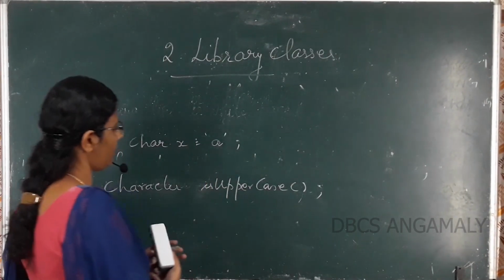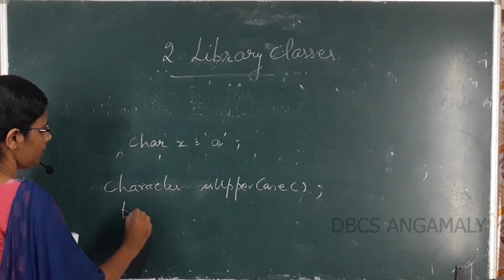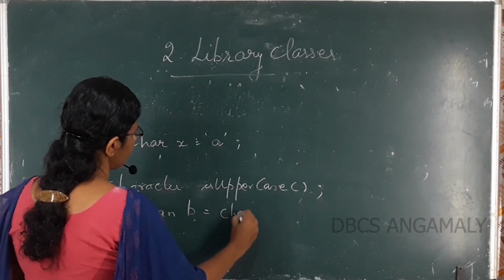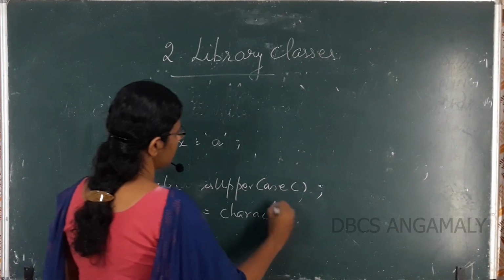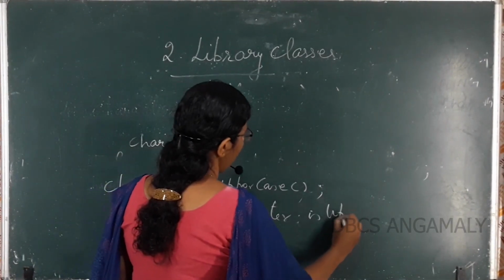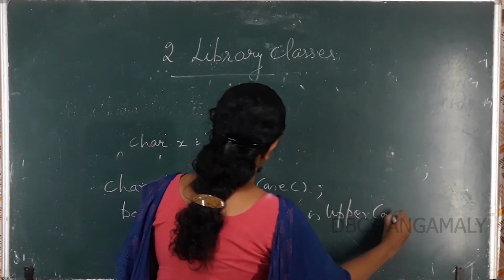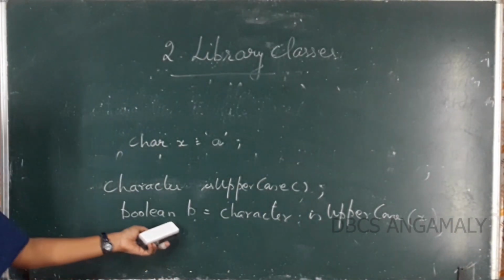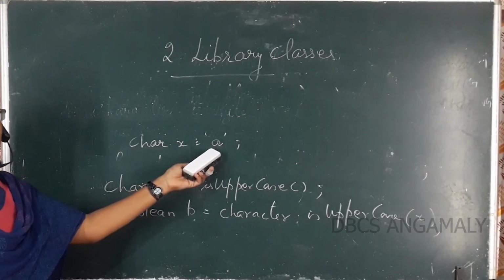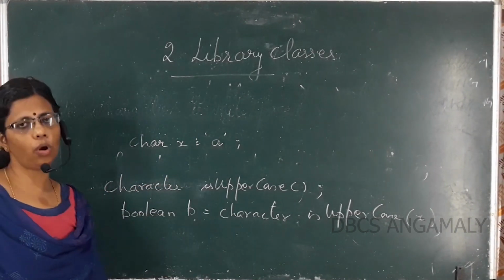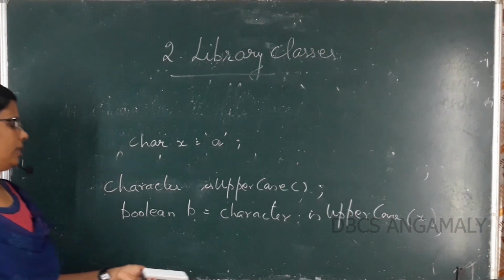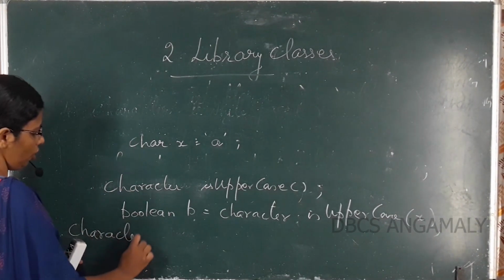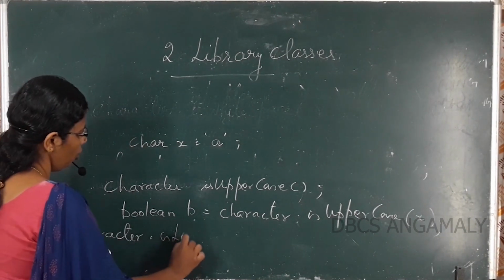Char x is equivalent to a. Now if I write boolean b is equivalent to Character.isUpperCase of x, what will be returned? B will return false because a is written here in small letters. In the same way, the next function is Character.isLowerCase.